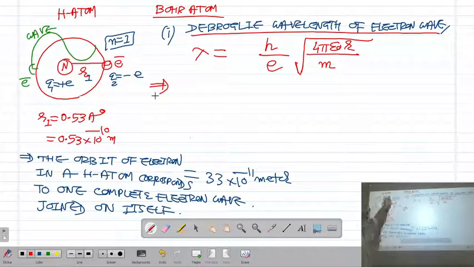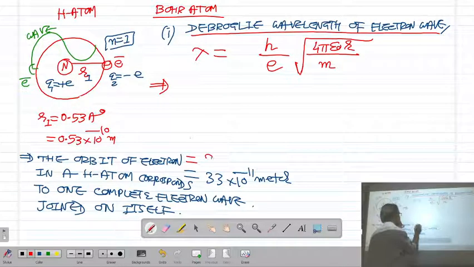Suppose electron orbit contains n number of electron waves, okay, then the circumference 2 pi r.